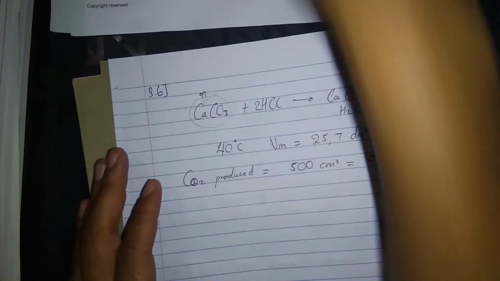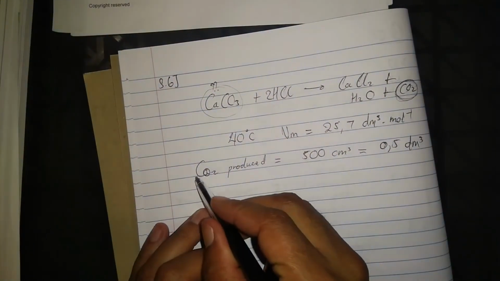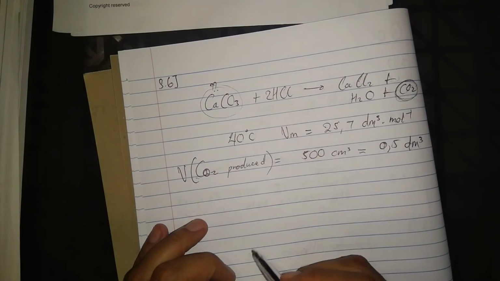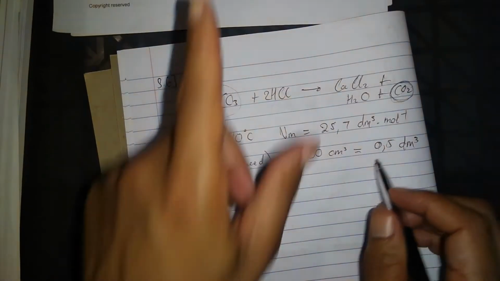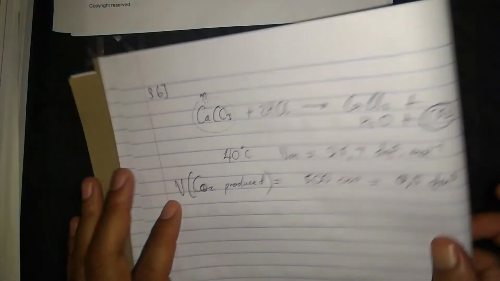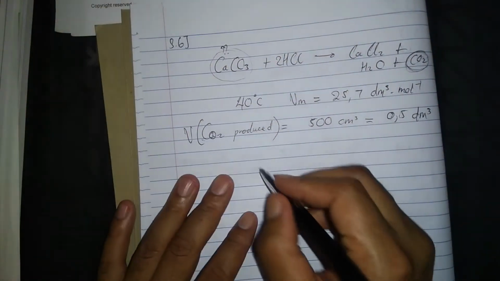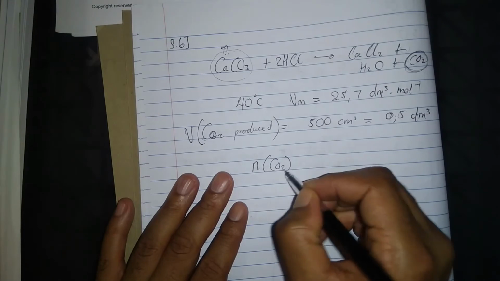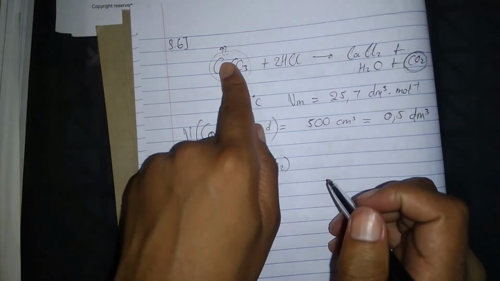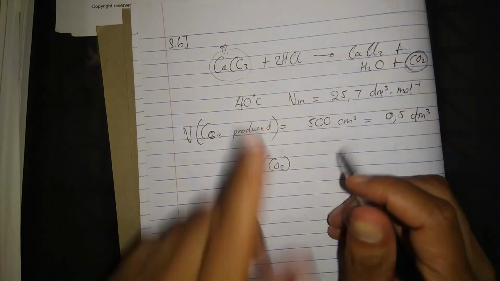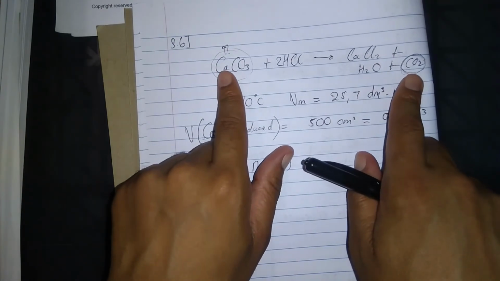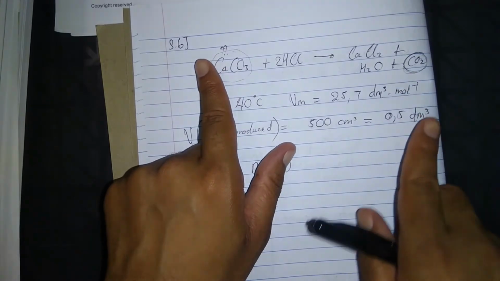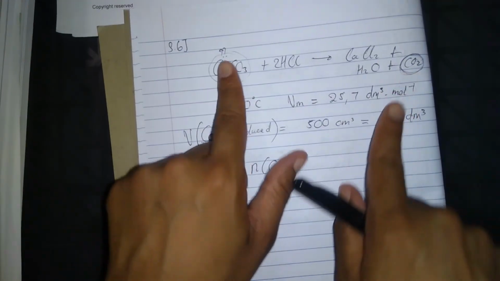So now we are saying the volume of the carbon dioxide produced is this one, taken from the graph. Now I'm calculating the number of moles of carbon dioxide before I can calculate the mass, because in stoichiometry we only compare the number of moles between the substances in question.